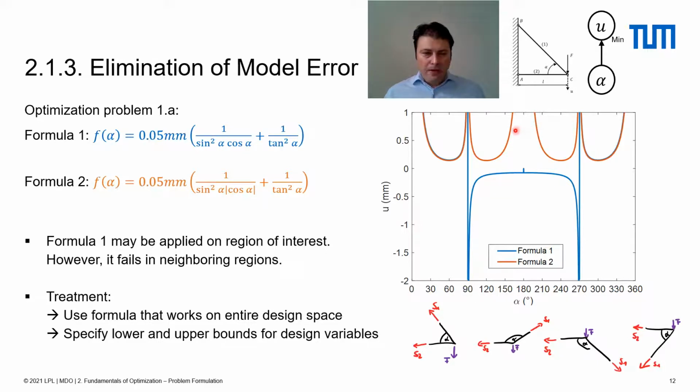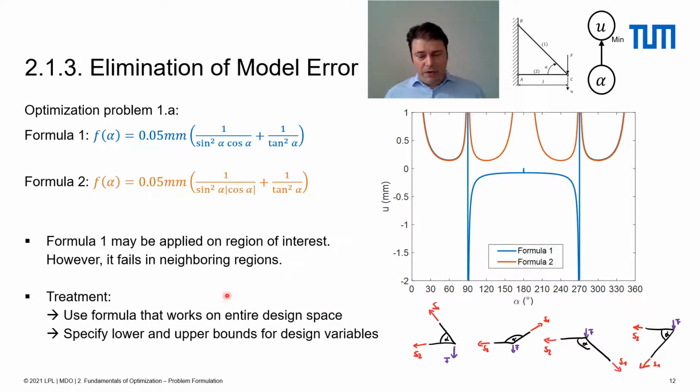Okay, so incidentally, in this part of the design space from 0 to 90 degrees, the corrected and the not corrected formula deliver the same value. So it's actually enough to use the original formula and constrain it to this range from 0 to 90 degrees.